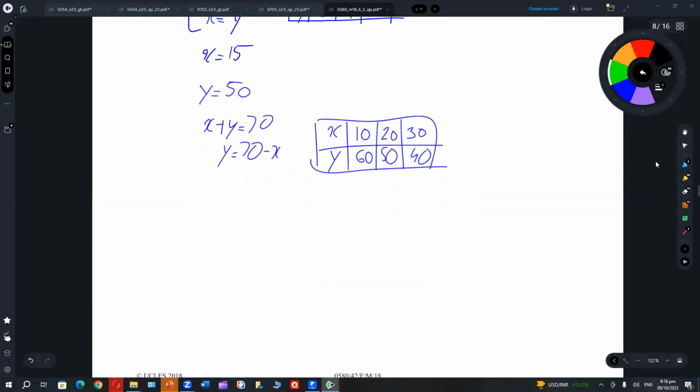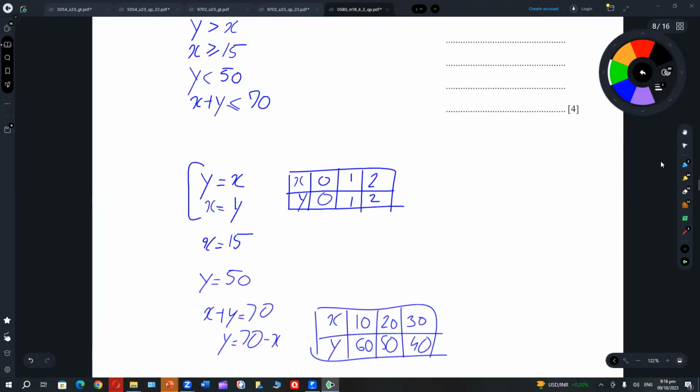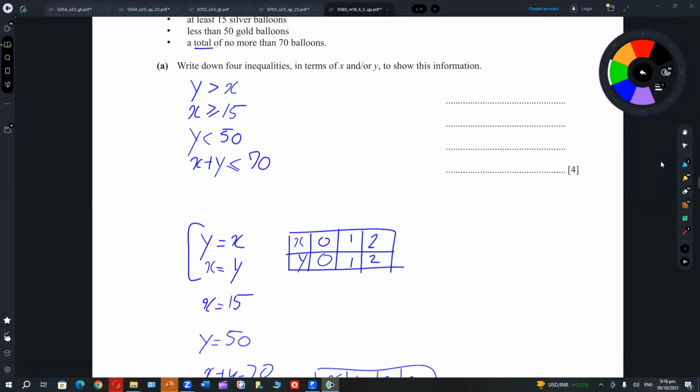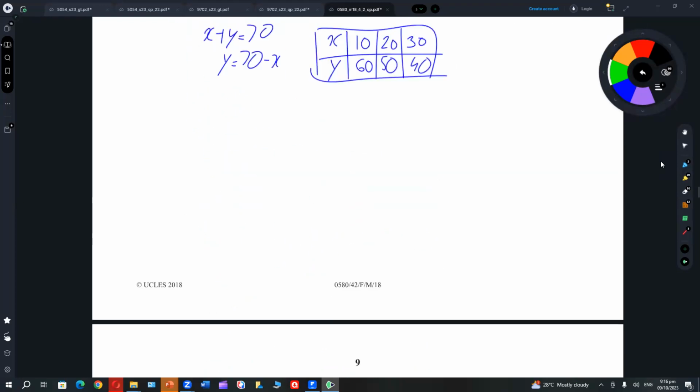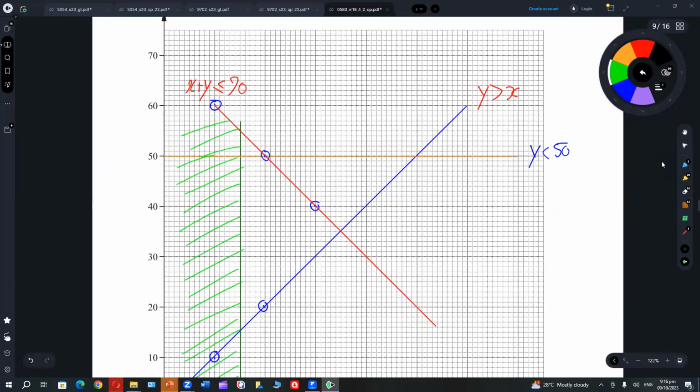What is the second inequality? Y is greater than X. Should wanted be above the line or below the line?